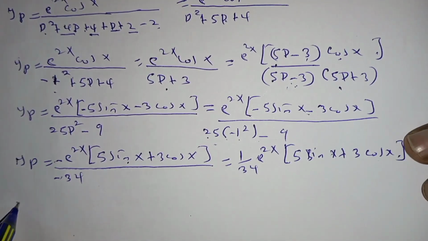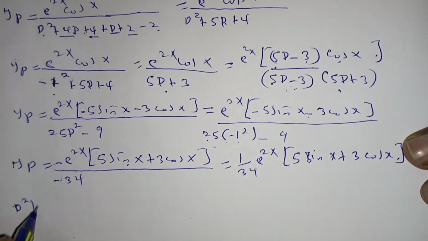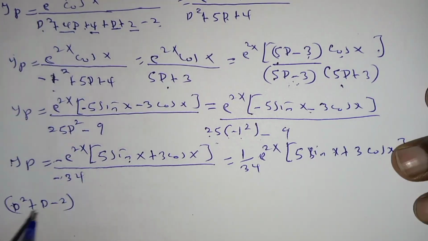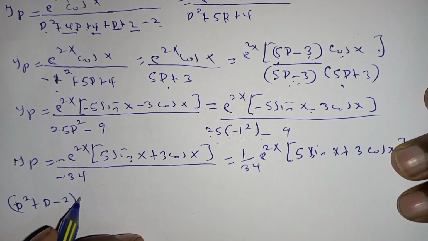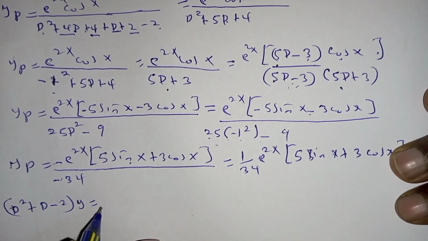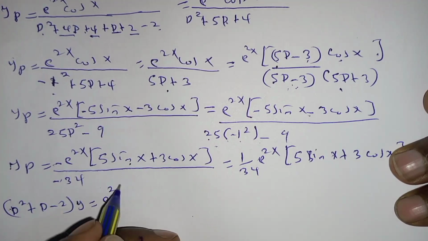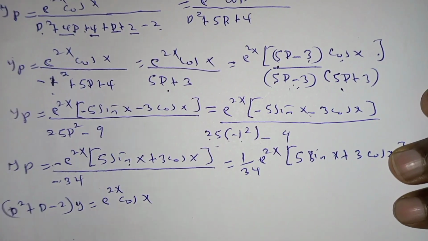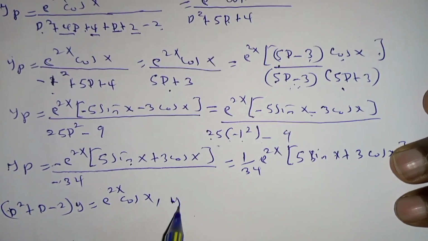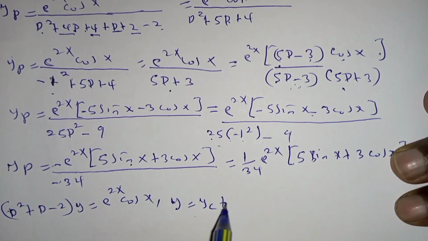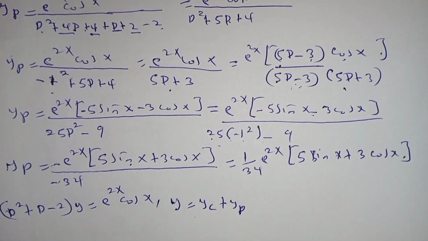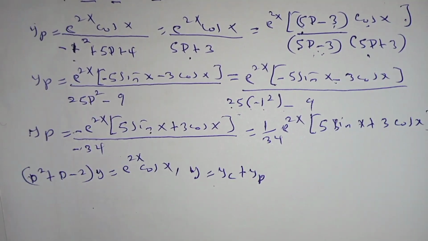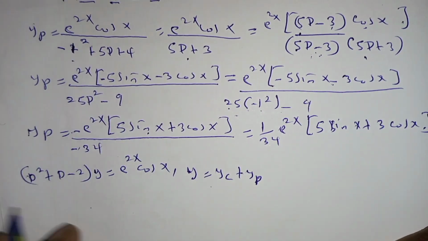So our ODE was d squared plus d minus 2 y is equal to exponential 2x cos of x. So our solution will be y is equal to y complementary plus y particular. Now since we have worked our y complementary and y particular, we are going to combine the two and we write our result as follows here.